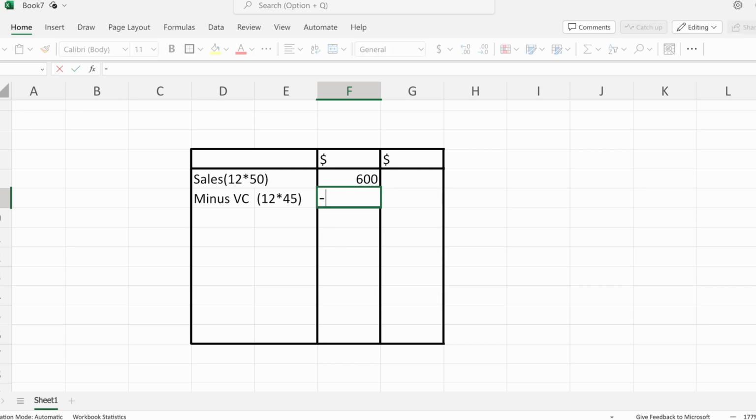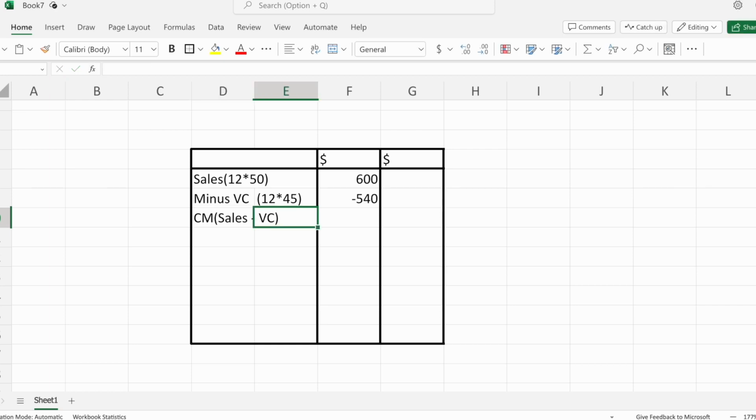So now when you minus, this results in 540, so minus 540 from 600, and then you get the contribution margin, the CM, which is the sales minus the VC. You get a total of $60, right? So that's the end result.